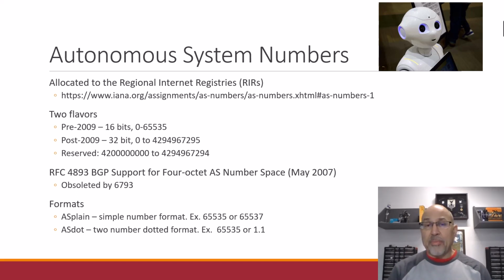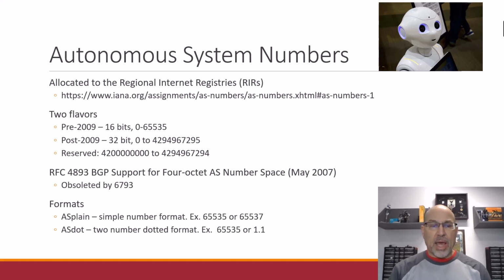Well, there was a lot of demand for autonomous system numbers. So in May of 2007, you can see down there that RFC 4893 said, maybe we ought to talk about a little bit larger address space for autonomous systems. And so that range was expanded to 32 bits. Again, it's not like an IPv4 address, it's just a number, but this gives us a range well out into the millions.